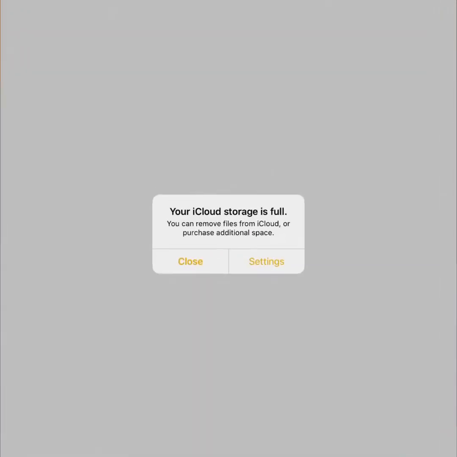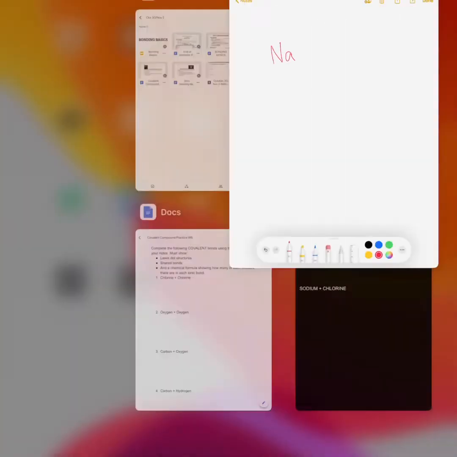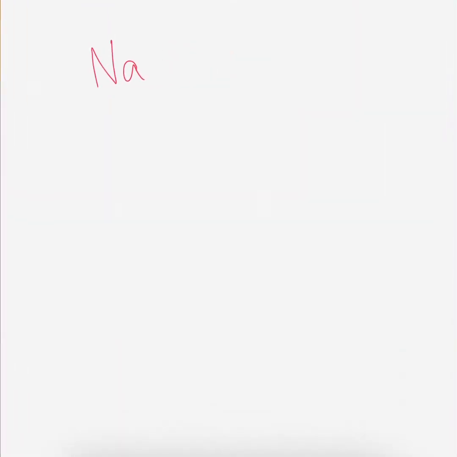So my first example here is sodium and chlorine. I'm going to go to my notes so I can write this out for you. Okay, so I have sodium. Oh man, let's try that again. Sodium is Na, and then it was chlorine. So the first thing I want to do is figure out my charges.